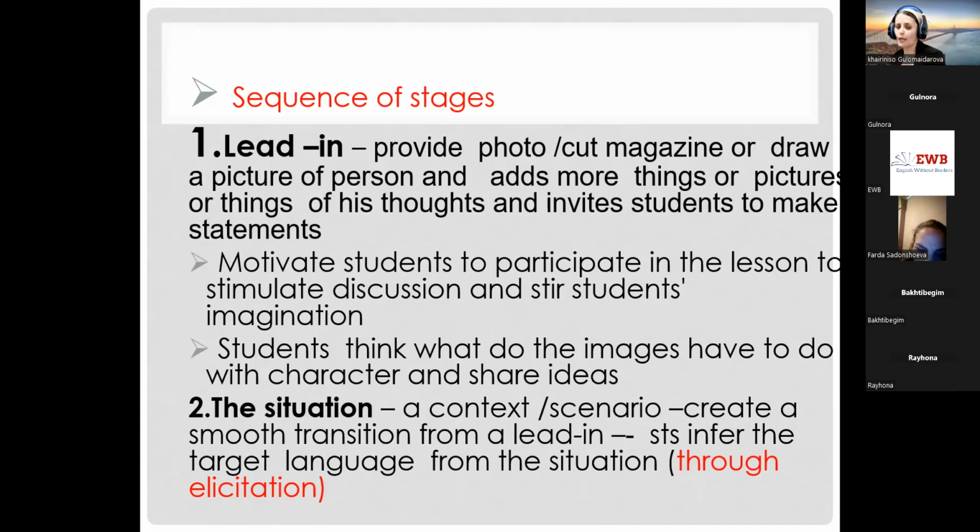And if you provide them photos or you draw these pictures, they are already the context. The students can see this context, this scenario, and then it is the teacher's task to create a smooth transition from the lead-in. You can ask them questions, or you can elicit from them, and students looking at the pictures infer the target language from the situation. So this is the second stage.